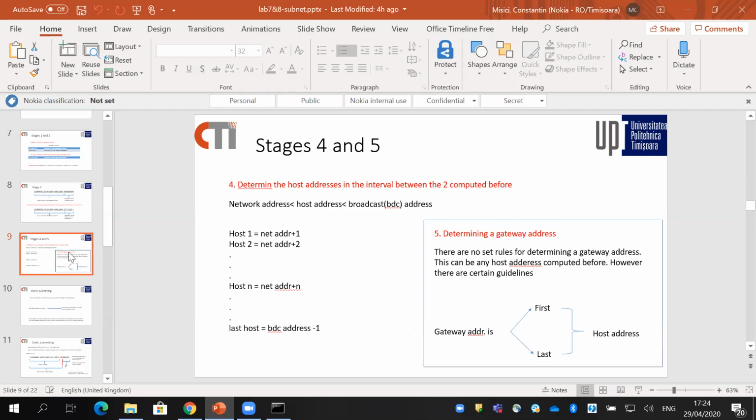In order to get the host addresses, we have very simple mathematical formulae. These are decimal values, and they basically state that for the first host, we have to take the network address and add a 1. For the second, add a 2, and so on. And if we go backtracking, you're going to see some examples of this in a moment, but this is just the so-called theory behind it.